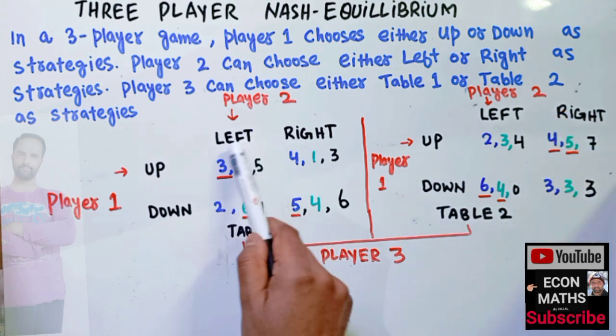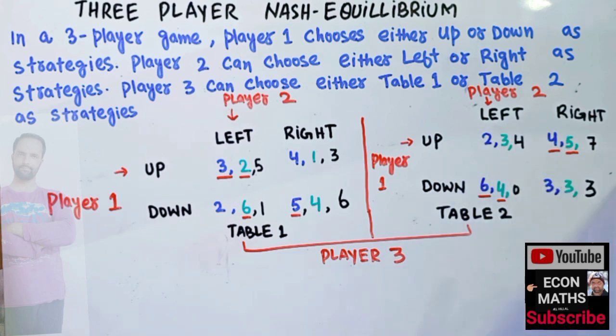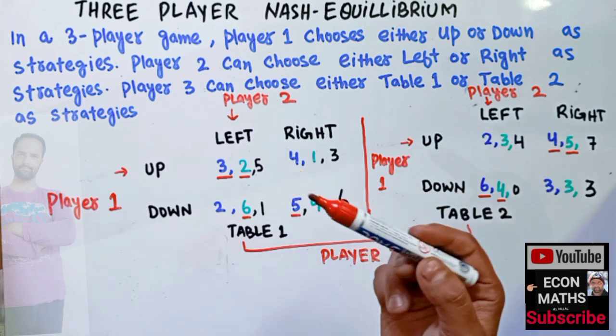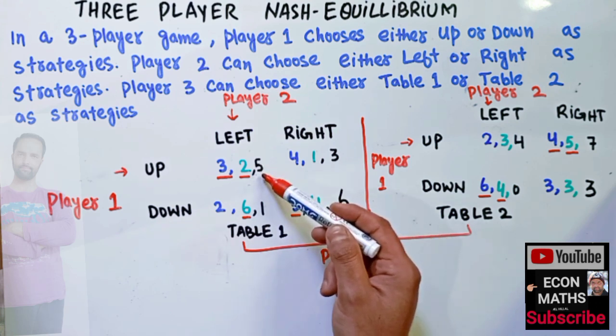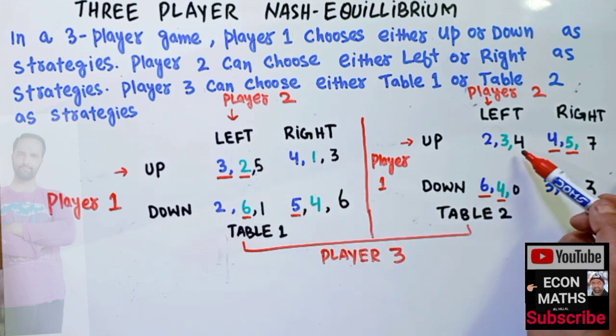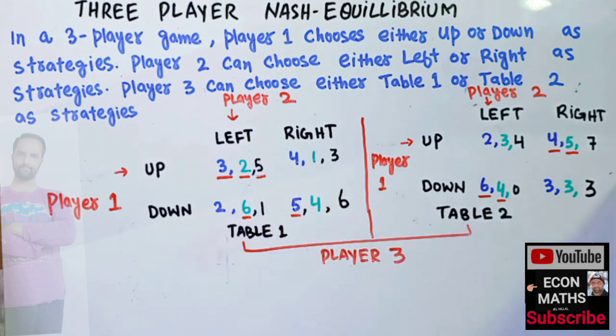That means we are concerned with this cell and with this cell. So if here going for table 1 gives him payoff of 5, going for table 2 gives him payoff of 4. Obviously 5 is greater than 4, he will choose to go for table 1.